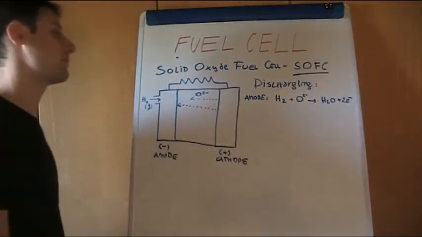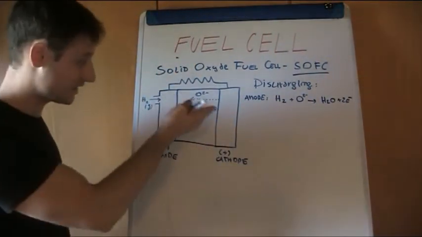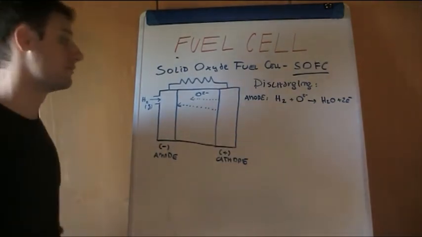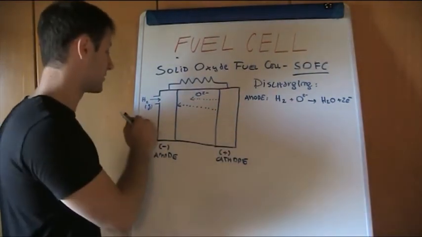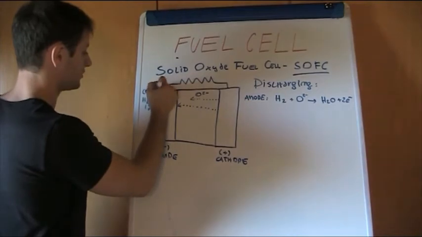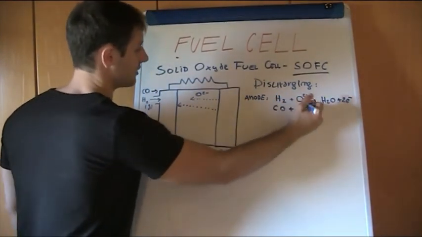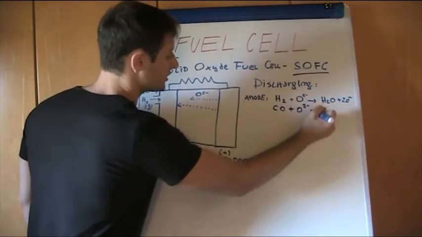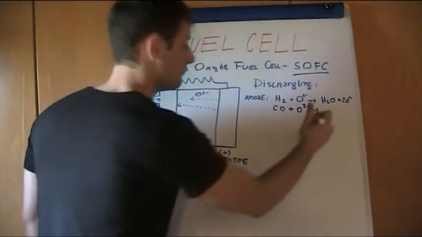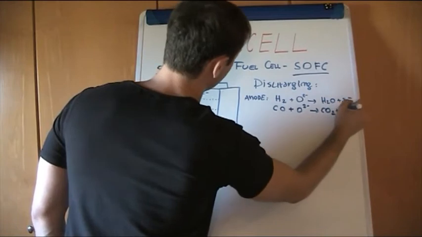Obviously, these types of reactions can involve even the presence of carbon monoxide. So we can have carbon monoxide interacting with this, and now the product is not water anymore, but carbon dioxide, and again we have 2 electrons.